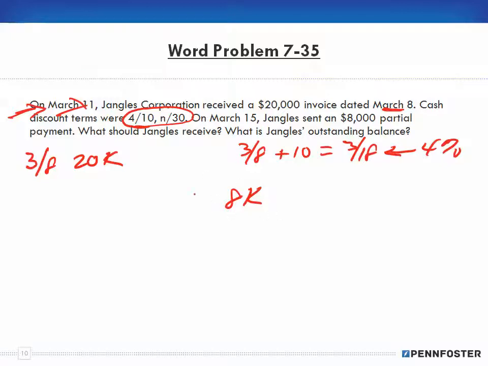They're paying $8,000. Okay, and remember, since it's a partial payment, as far as Jangles is concerned, they're paying the full 8,000, but since they're paying it within the discount period, they're getting an additional credit. I remember where that is.